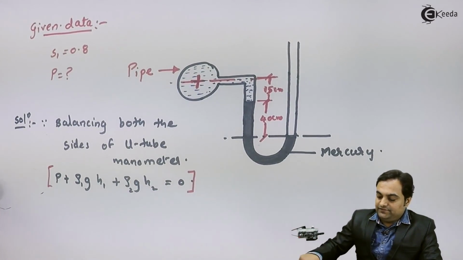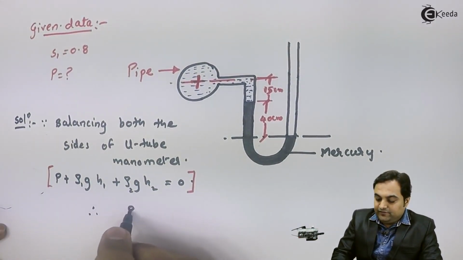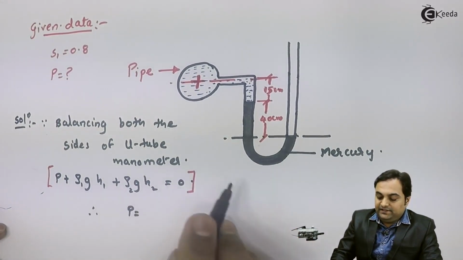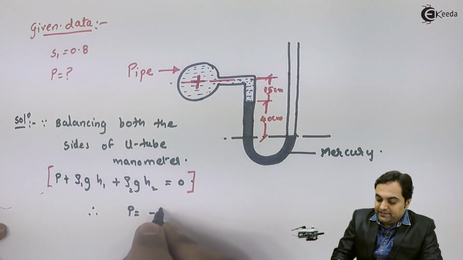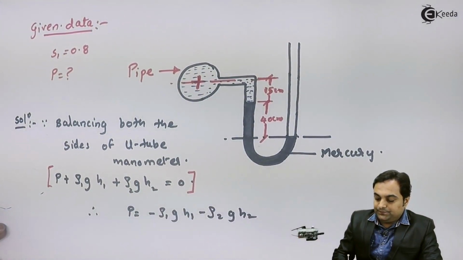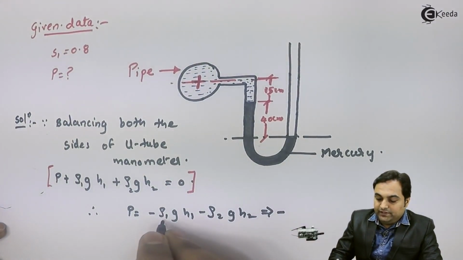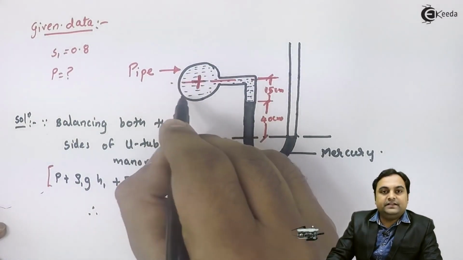Now, since we want to calculate the value of pressure P, I'll say that therefore P will be equal to, I'll send these terms onto the other side, so it is minus rho 1 g h1 minus rho 2 g h2. I'll be putting the values one by one. Rho 1 is the density of the fluid inside the pipe.